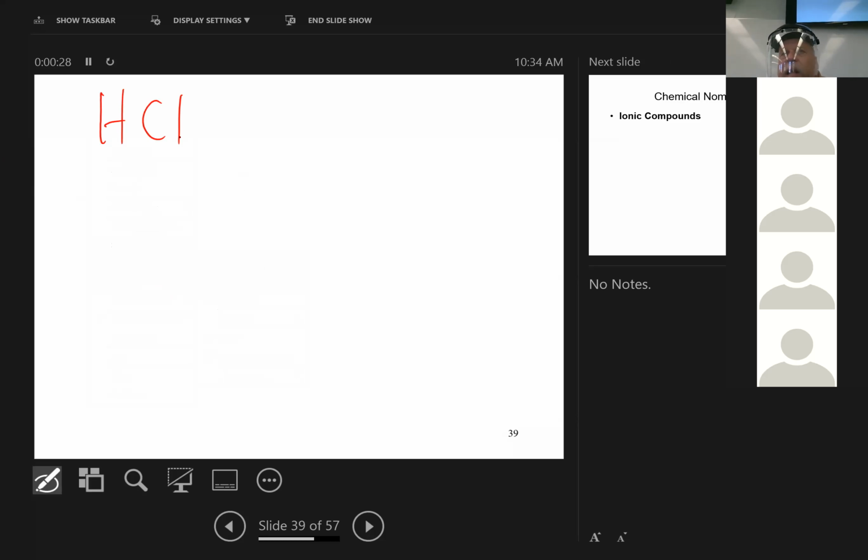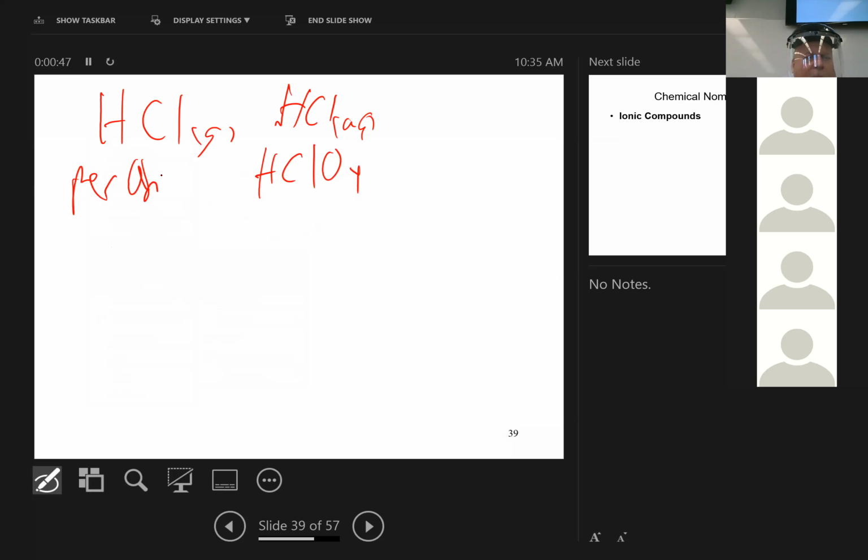What is that called without the aq? Hydrogen chloride, because it's a gas. In acid form it is aq like that. It's hydrochloric acid. Okay, if you have HClO4, this is called perchloric acid.